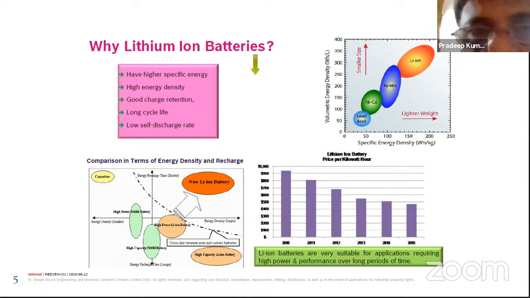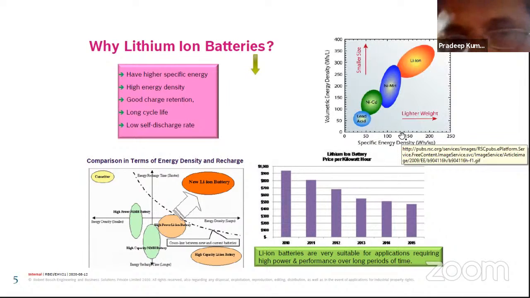So here you can see that in this particular slide, the volumetric energy density per kilowatt hour is on the y-axis, and specific energy density is on the x-axis. You can see the conventional rechargeable batteries: lead acid, nickel cadmium, and nickel metal hydride batteries.